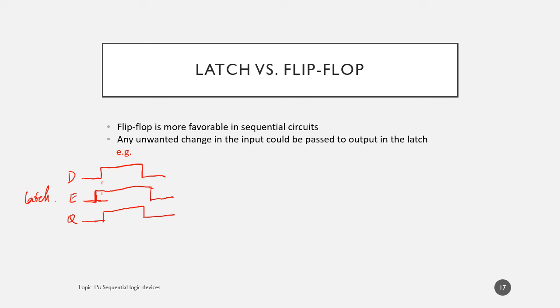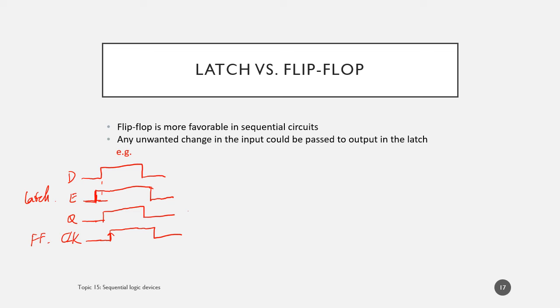Now for the flip-flop, we have the clock signal, and we do things a little bit differently. We want to pass this D, so the clock edge should come after the D value changes.